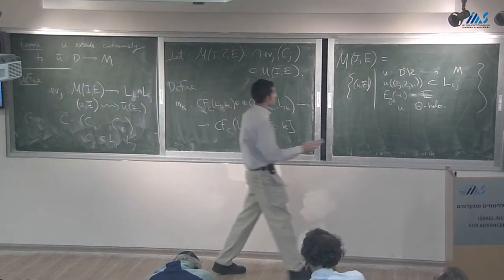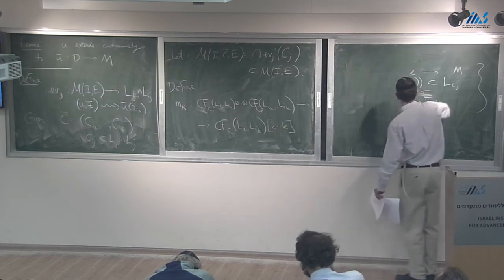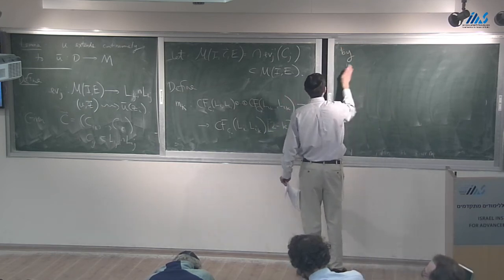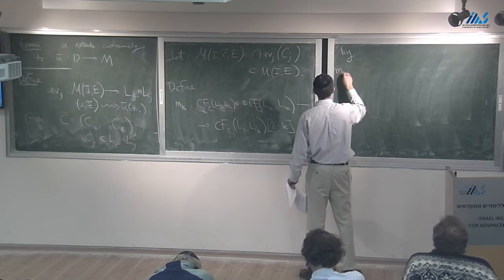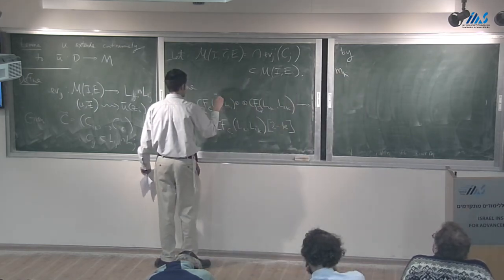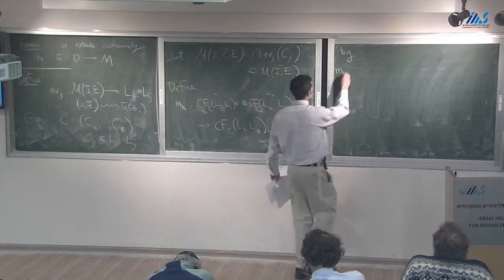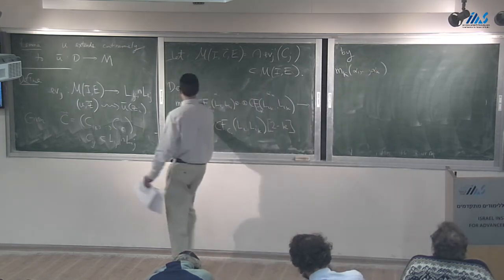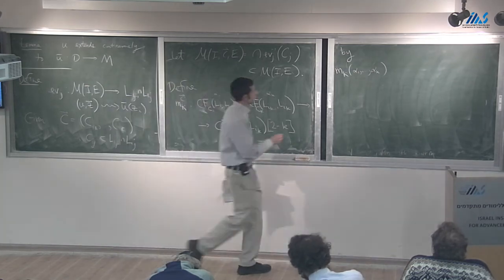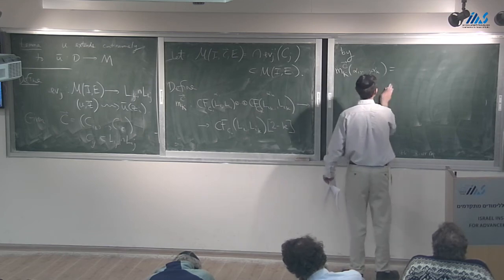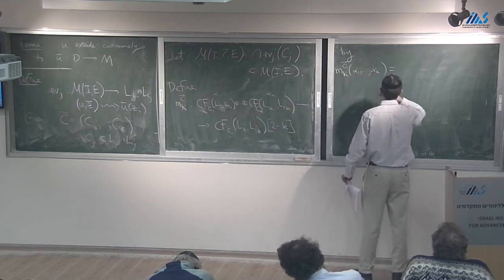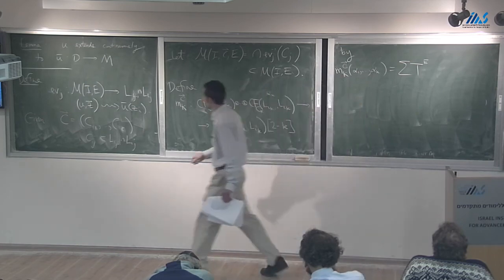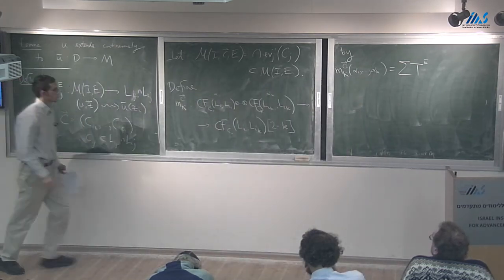Okay, that's going to be defined by, so if I'm given a bunch of, say, differential forms here, alpha_1 up to alpha_k, then m_k of alpha_1 up to alpha_k, maybe I should give this a superscript C, is going to be given by, well, the main thing is T to the E of 0, I want to give this a subscript E, just so I remember where it's coming from.